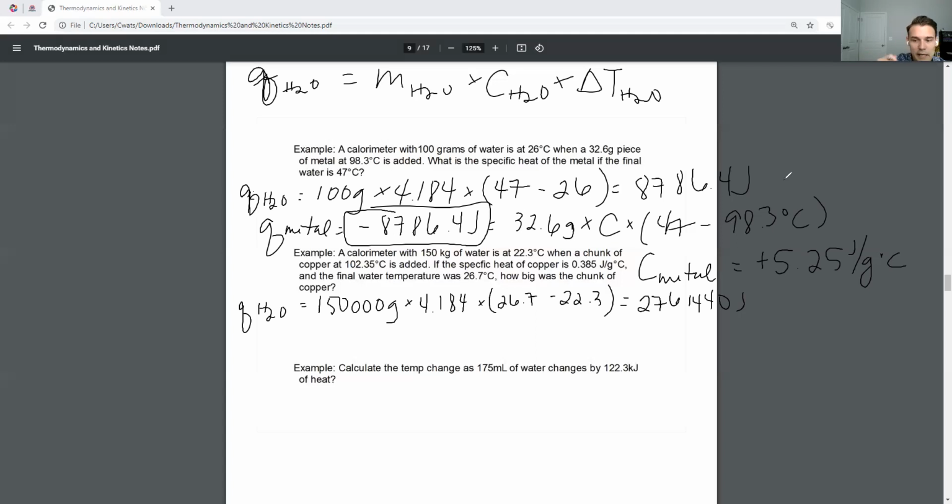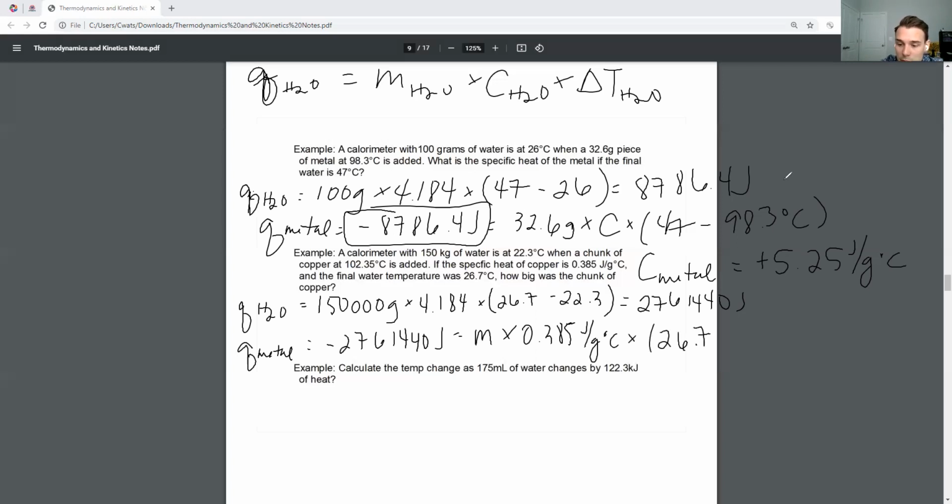Now, for the metal, we just do the opposite. So the Q of the metal will be negative 2,761,440 joules, which equals, we're trying to determine how big it was, so the mass times the 0.385 joules per gram degree Celsius. The final temperature of the metal was 26.7. The initial temperature, 102.5.